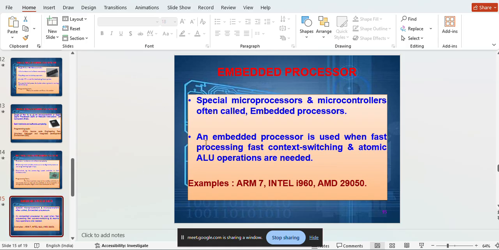Then there are some embedded processors. Inside an embedded system there is not only a microcontroller, there are also some microprocessors. Here the special microprocessors and controllers are often called embedded processors.